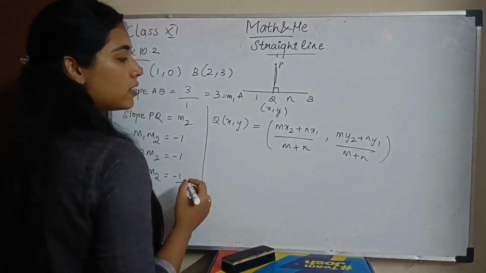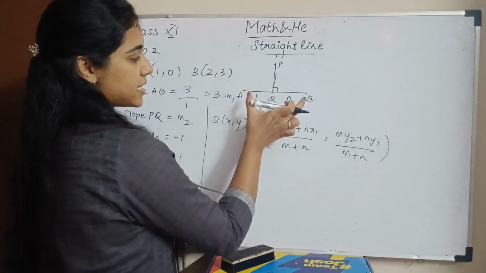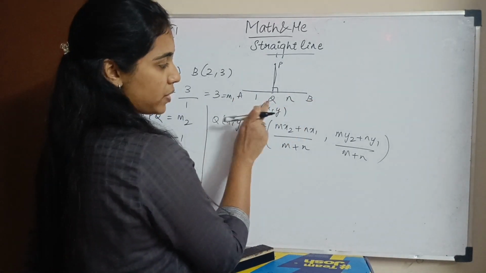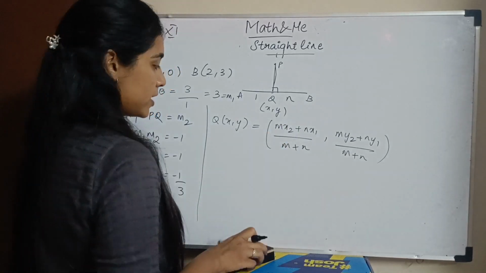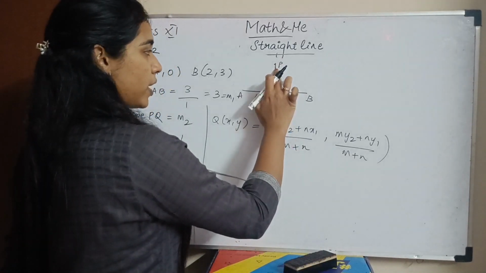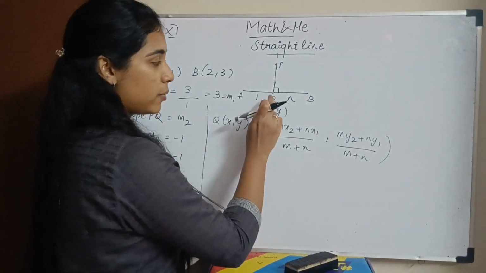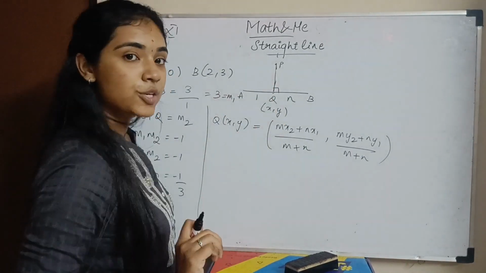This is how you find the coordinate of a point which divides the line segment in a particular ratio. So what is your m? It is 1. What is your n? It is n itself. So for this line you have a slope. You need to find the point Q.